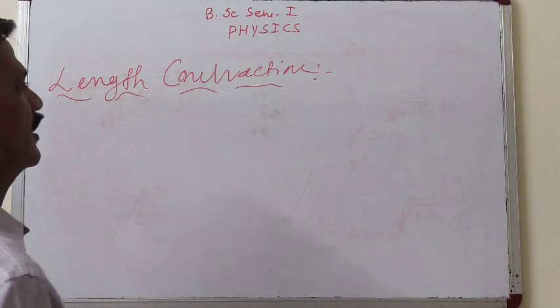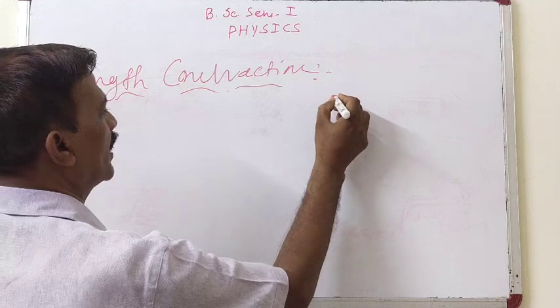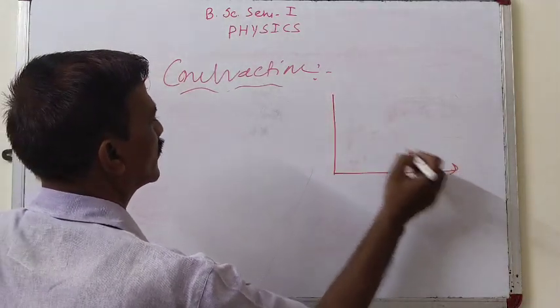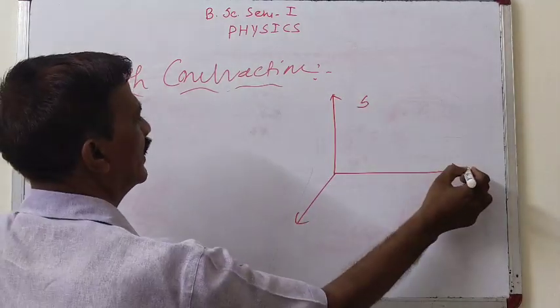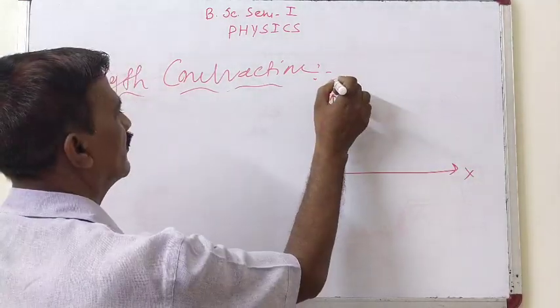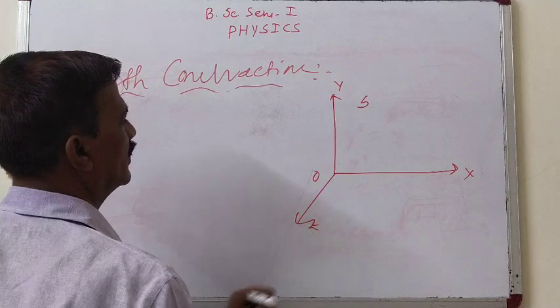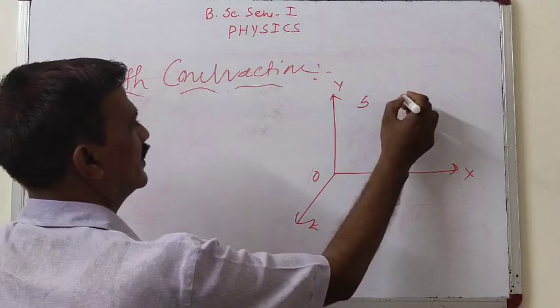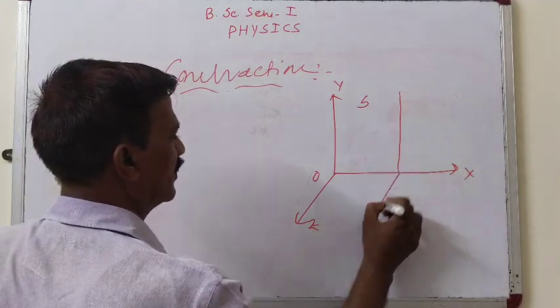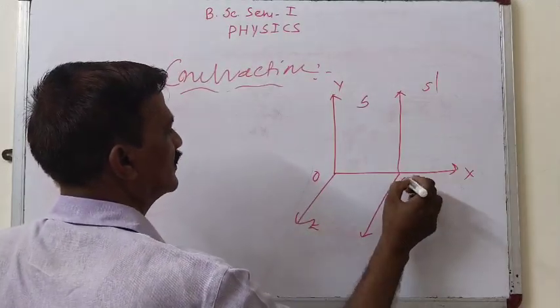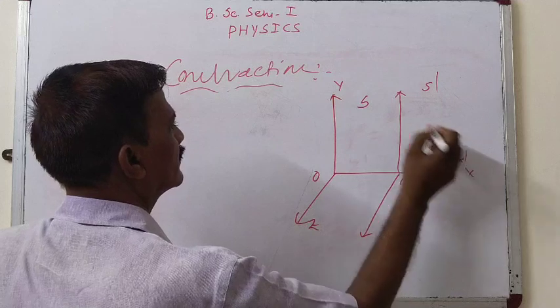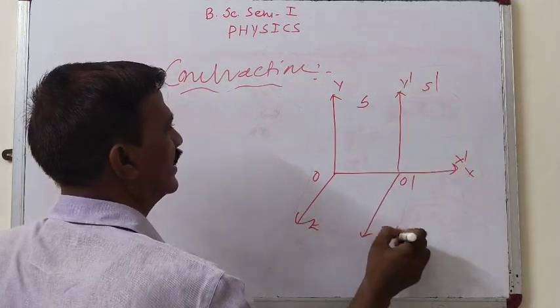Here consider two frames of reference. Observe, this is the frame S, its axes are x, y, z, and origin is O. Consider another frame S dash, its axes are x dash, y dash, z dash.